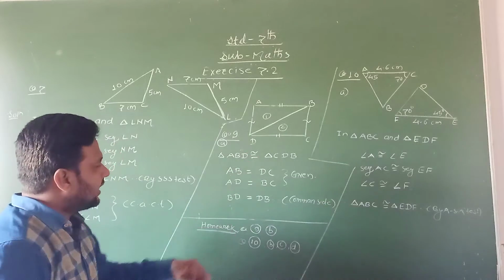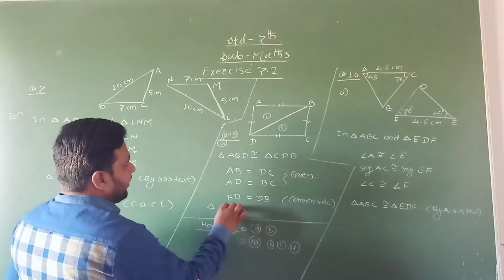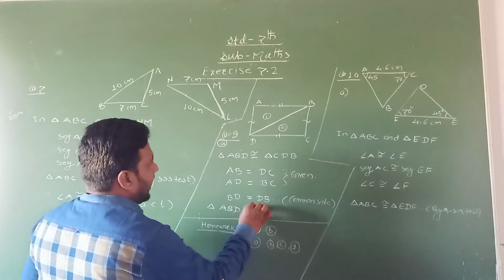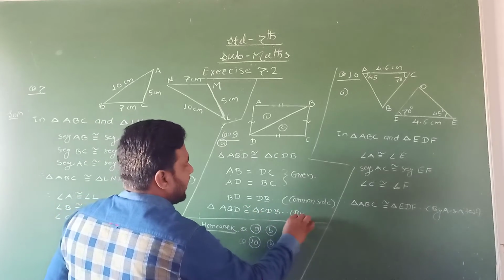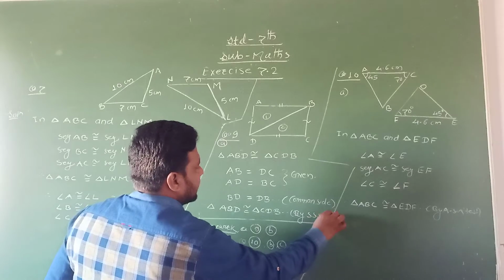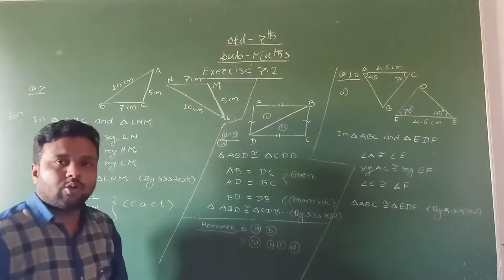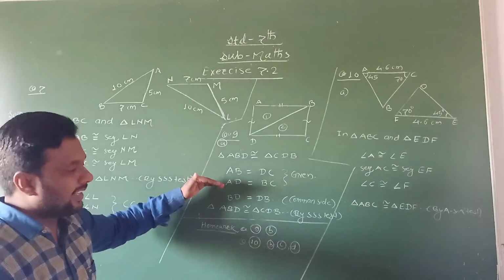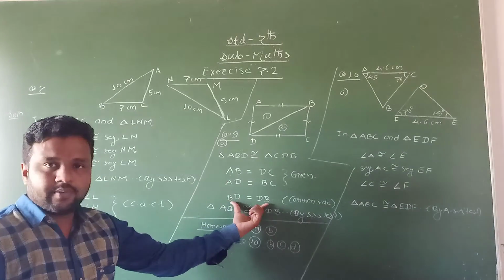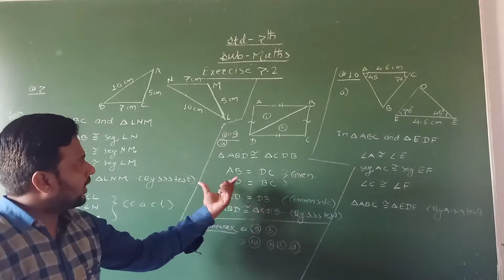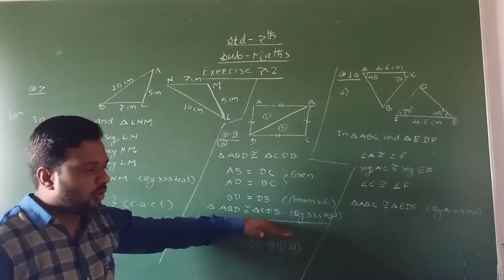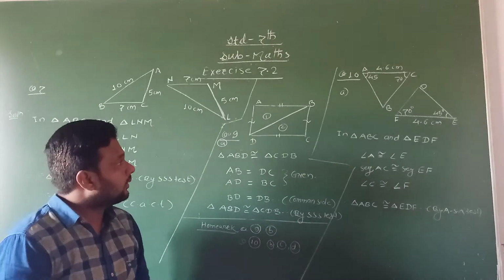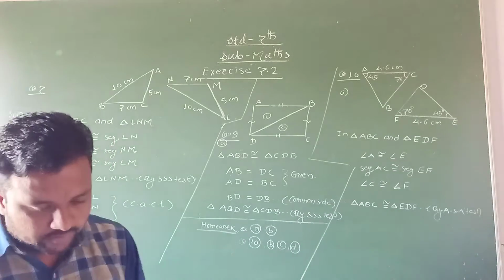Therefore we can easily write triangle ABD is congruent to triangle CDB by which test? By side test of congruency, because three pairs of corresponding sides are equal. This is the third part. In this way you have to complete the B example from question number 9. This is homework for you.